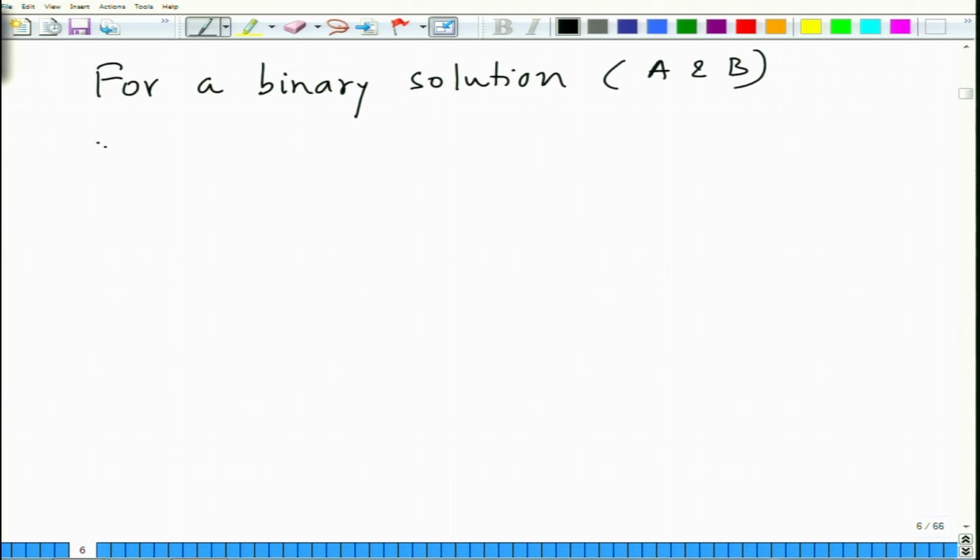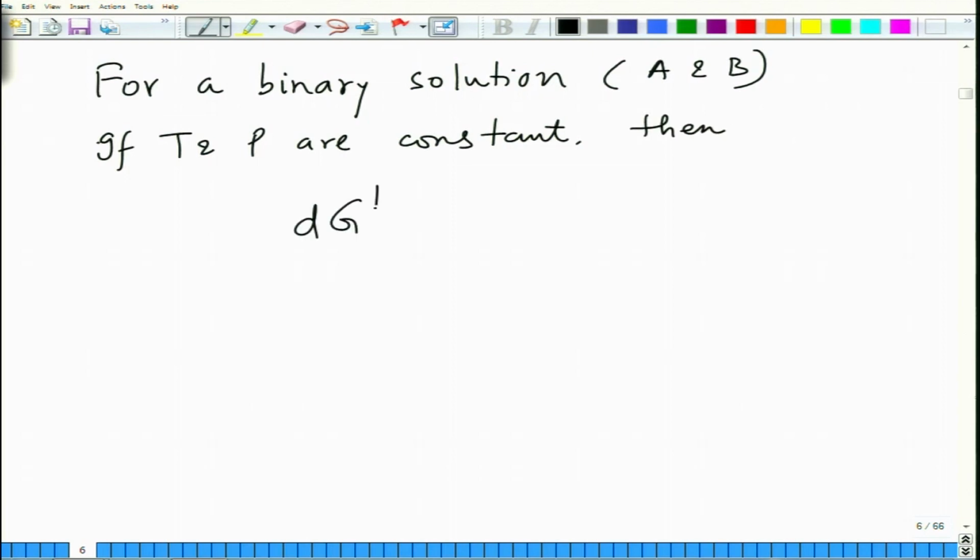Again, if temperature and pressure are constant, then we can say dG prime is equal to mu A dNA plus mu B dNB. So you are making changes in both A and B. This is the quantity corresponding to changes made in A, and this is the chemical potential of B corresponding to the changes that are made in B.